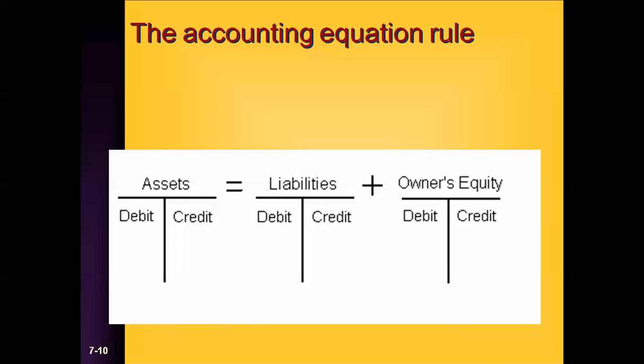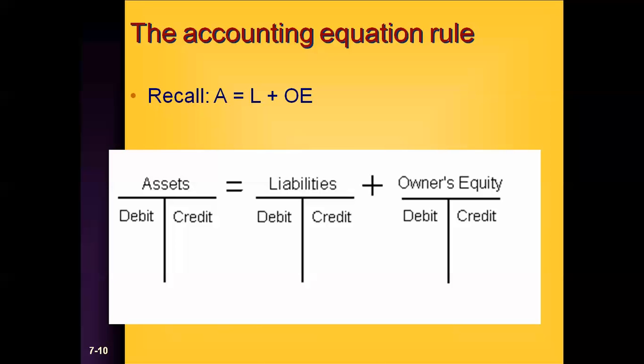The accounting equation rule, again, just to review, assets equal liabilities and owner's equity. So assets are on the left, and as assets increase on the left side, the way to show an increase in an asset account is through a debit recording.